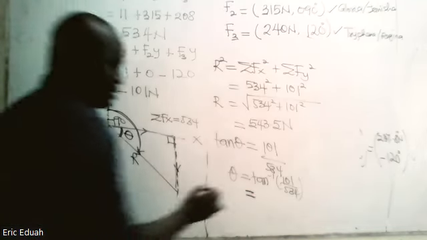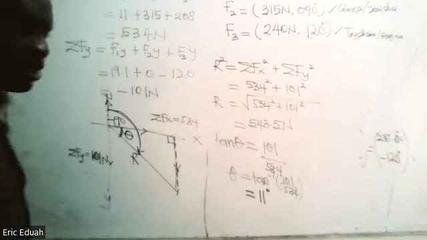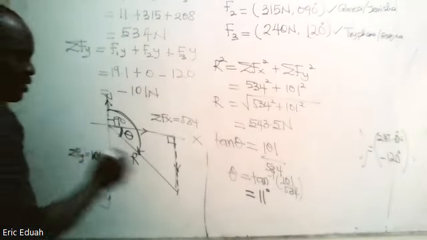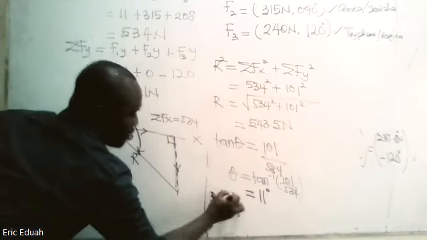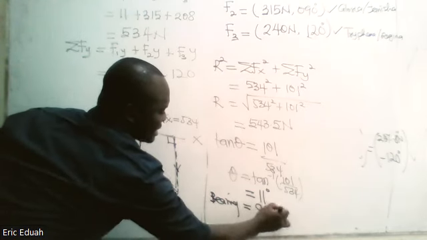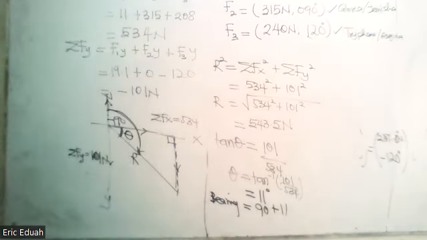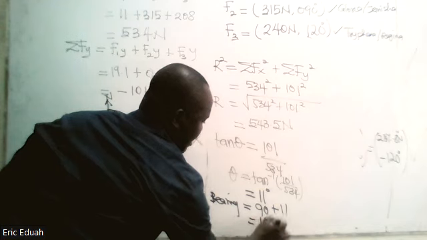So 11. Good. Okay. So it means that the bearing of this will be equal to 90 plus 11, which is 101. 101 degrees.